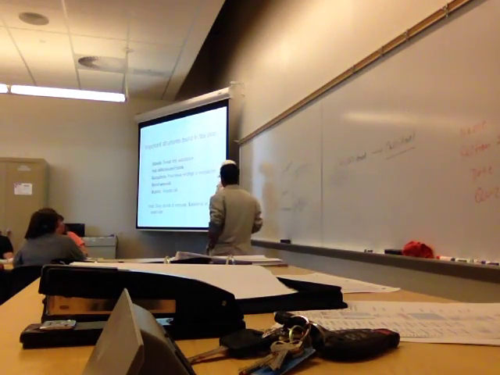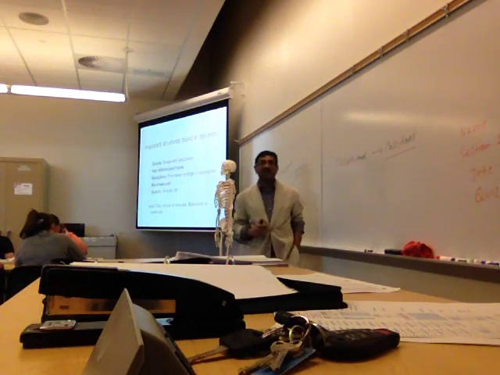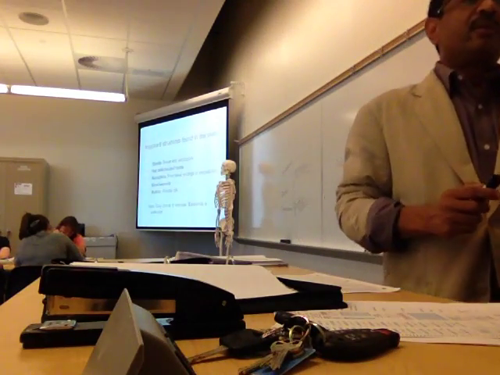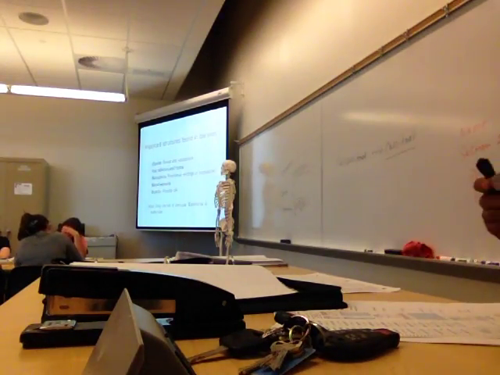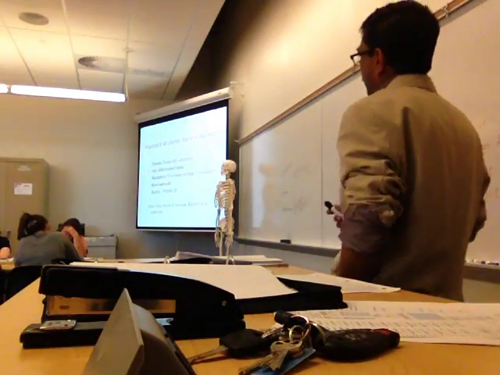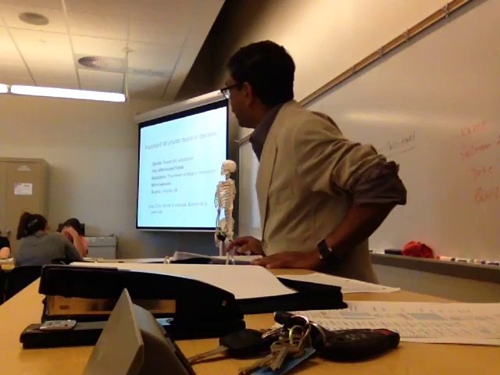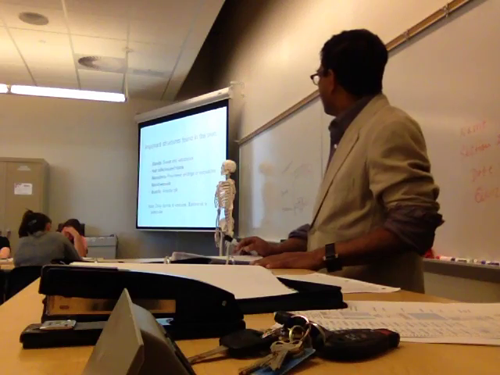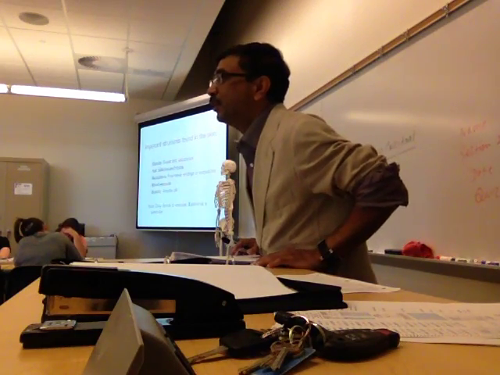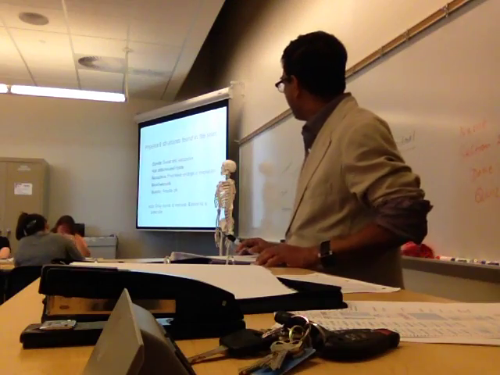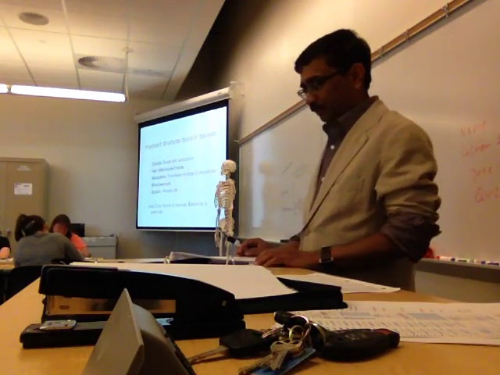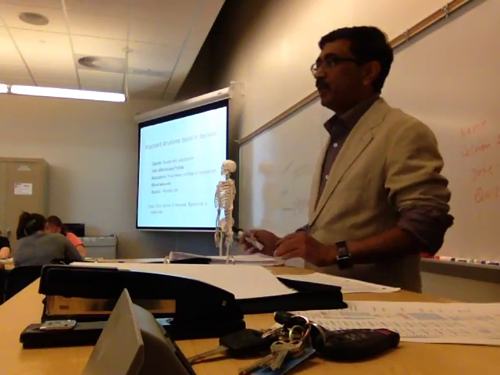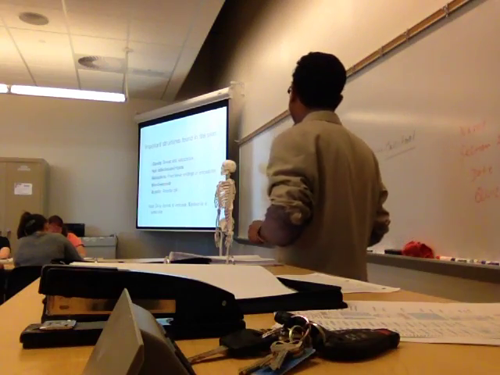Important structures found in the skin. In the skin, you will find glands, sweat glands and sebaceous glands. Then you will find hair follicles, hair roots. In the skin, you will find cutaneous receptors that we have already talked about, blood vessels, and tiny muscles. Those are called erector pili muscles.